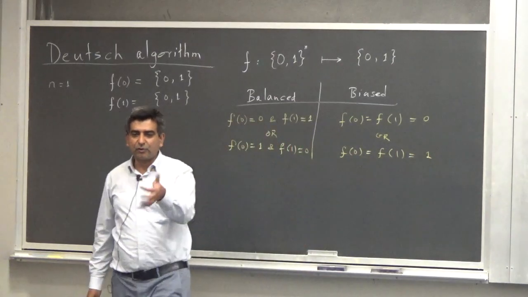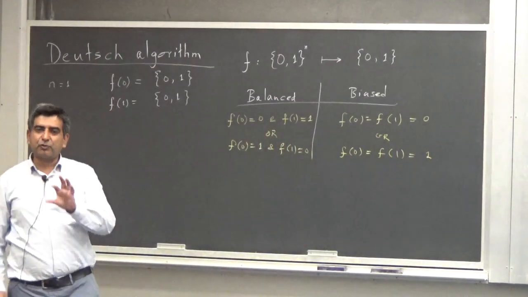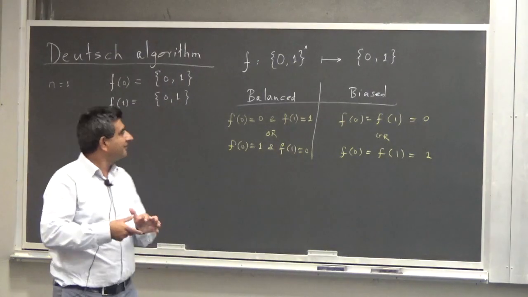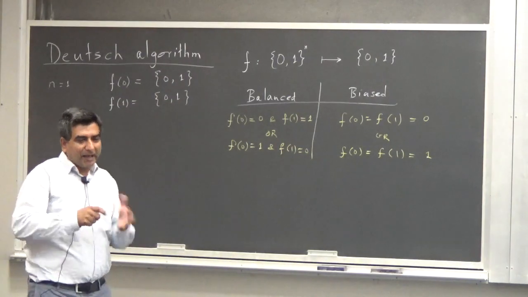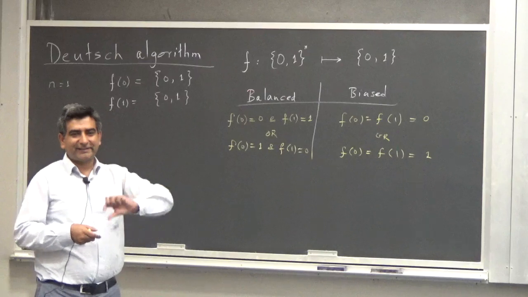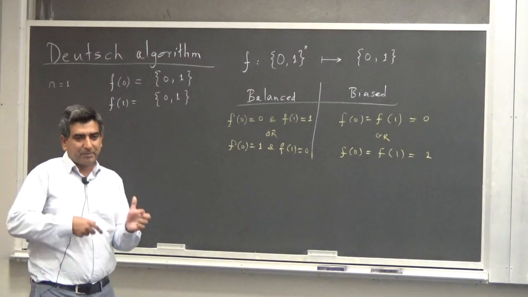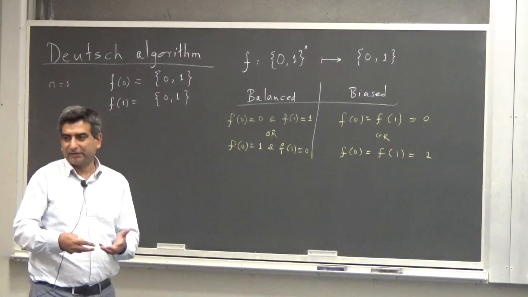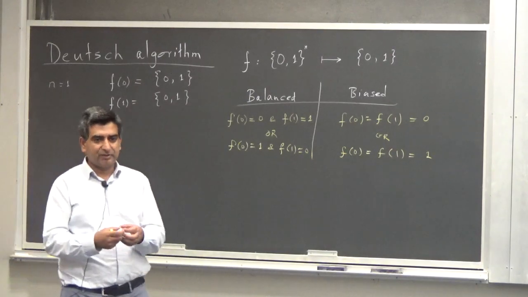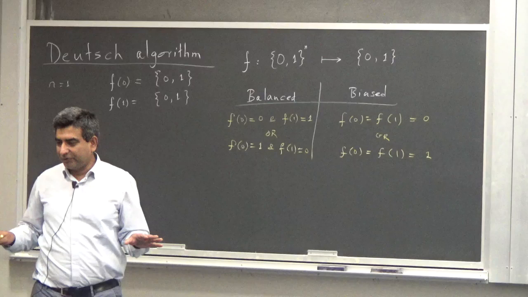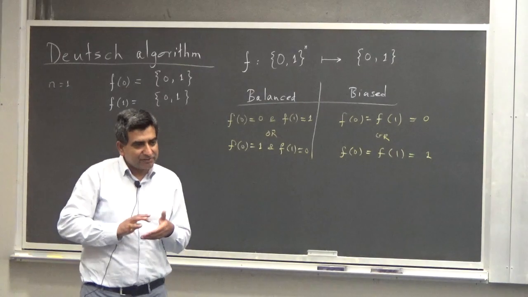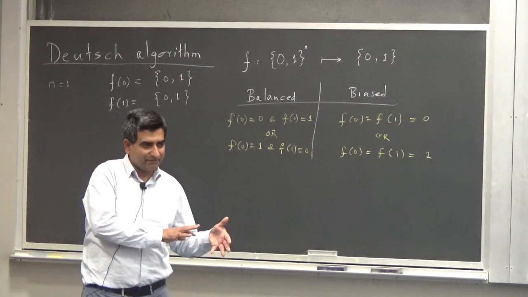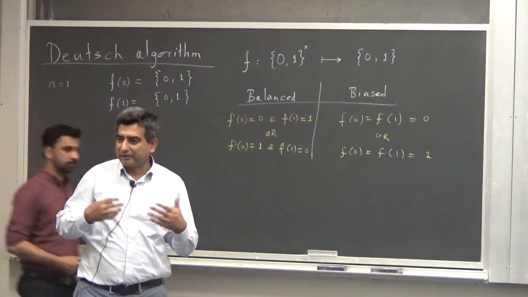It's just like having a coin, and you want to decide whether the coin is balanced or biased. Balanced means that there is a head on one side and a tail on the other side. And biased means that both of those sides have either heads or tails. So you want to distinguish between the two scenarios, whether the coin is balanced or biased. So that's what the two kinds of functions are.